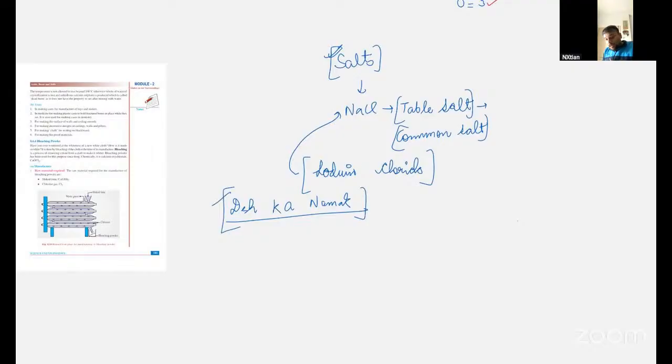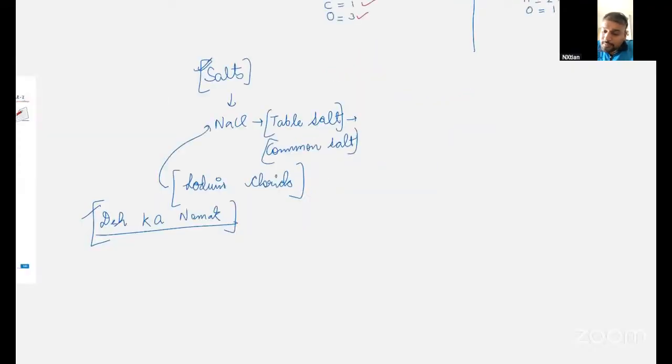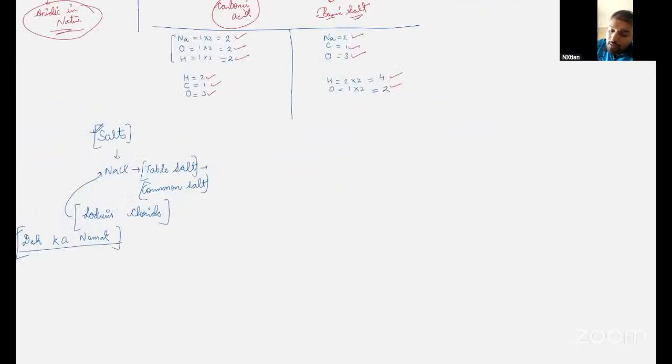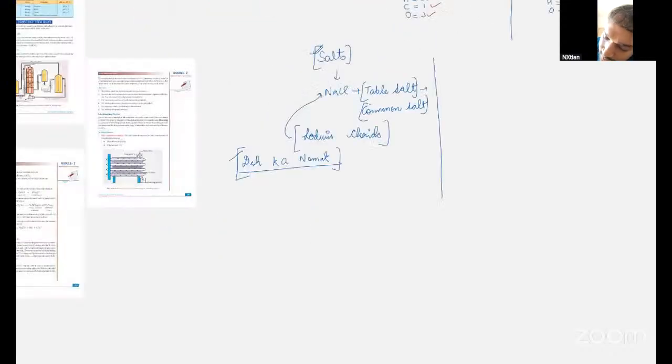From NaCl, we will make bleaching powder. We will make the baking soda, everything. So how? Everyone, please pay attention. If I take NaCl and add water into it, what will happen?